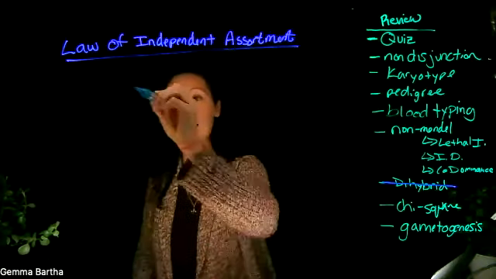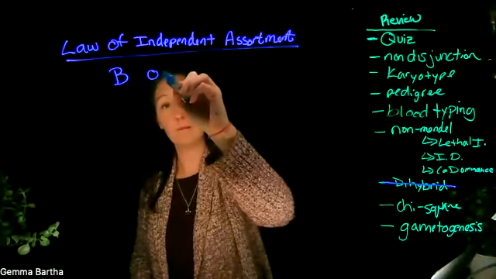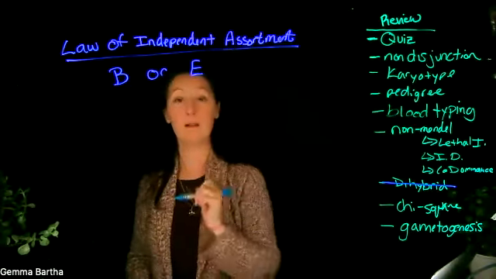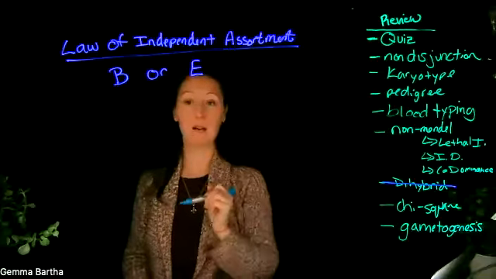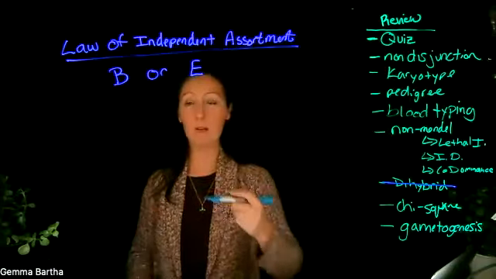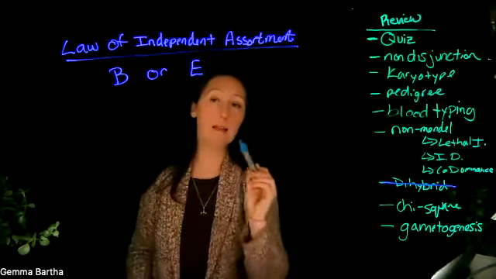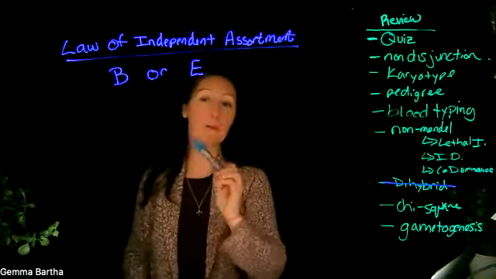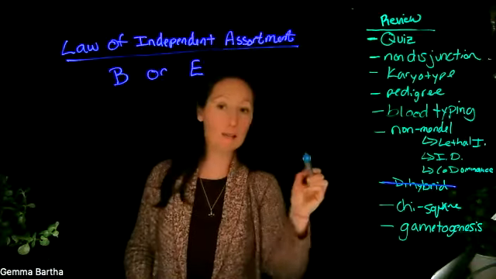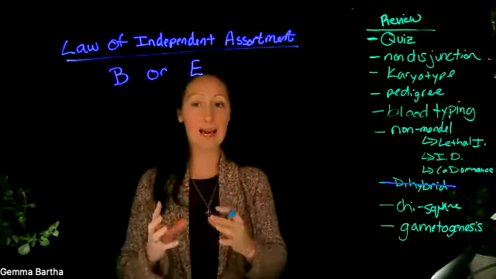So if you are getting a B or an E, they are inherited independently of each other, right? So if you have a big B, that does not automatically mean that you're going to get a big E. Or if you have a little b, it does not automatically mean that you're going to have a little e, right? So they are independent. They are not completely attached.